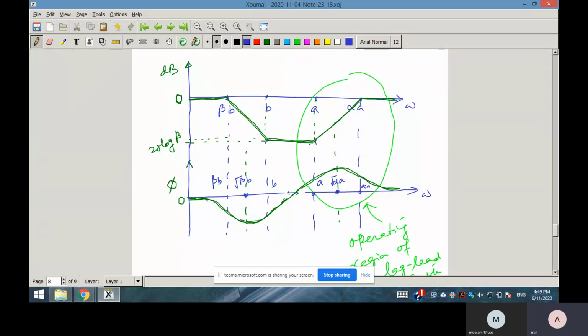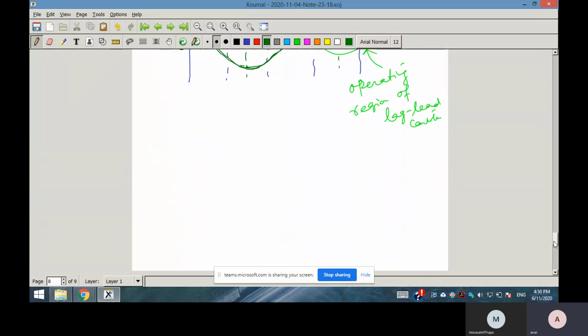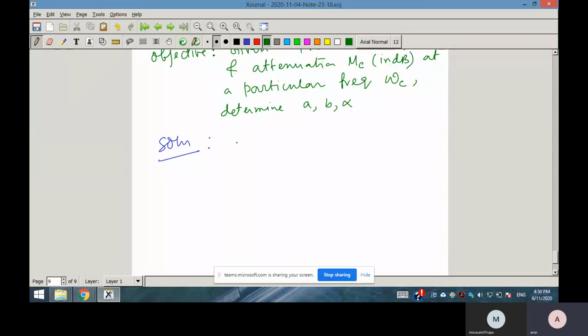That will be 20 log beta. What is the gain amplification provided by the lead part? Suppose the frequency is here, omega c. As per the equations of the lead part, we will get Mc.